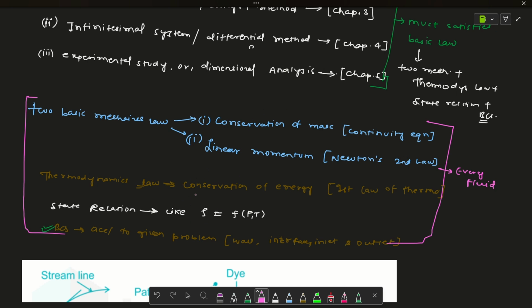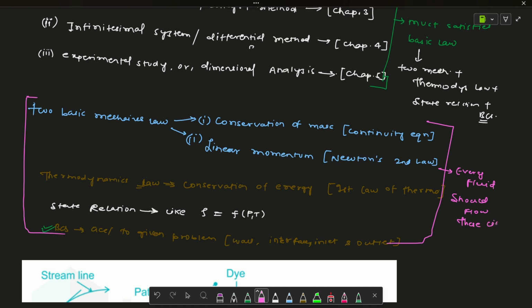More or less we are going to deal with these laws for solving any problem. So don't feel uneasy whenever I take the names of these things. Just be aware that we are going to discuss them here. I'm just making it easy for you, so every fluid should follow these laws.